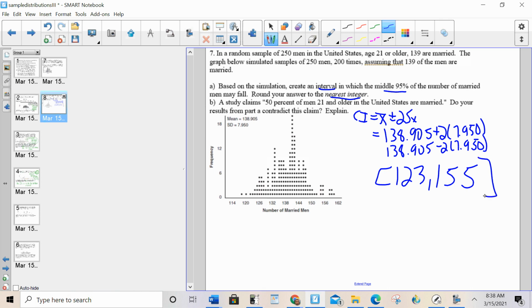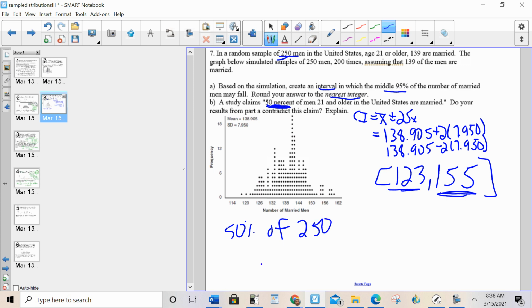B, a study claims that 50% of men 21 and older in the United States are married. Do results from Part A contradict this claim? Now, these are not percents. These are not decimals. This is a quantity. This is the number of men out of 250. So if it wants you to look at 50%, you have to find 50% of how many men are in each sample, which is 250.